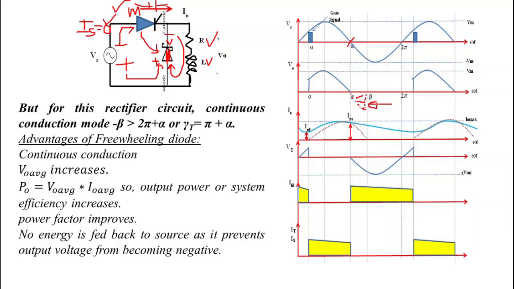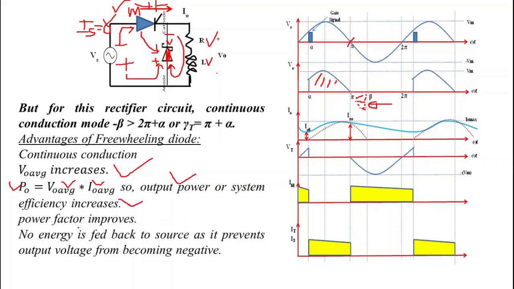Because of this elimination of the negative part, the average value of output voltage increases, because the net positive area increases, and output power P0 equals V0 average times I0 average. If V0 average increases, then output power also increases, or we can say that system efficiency increases.